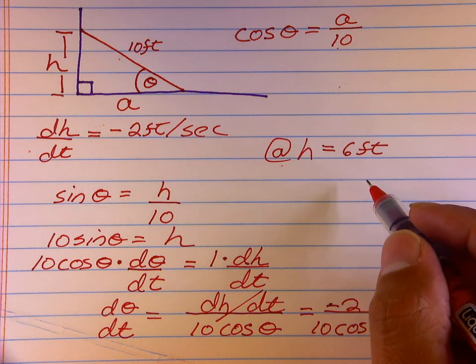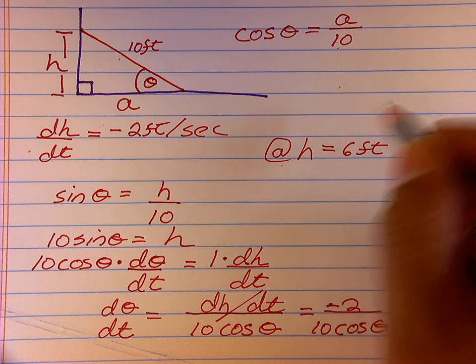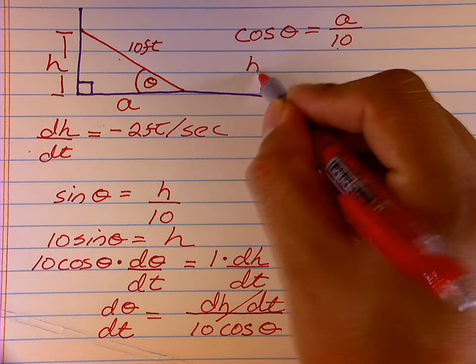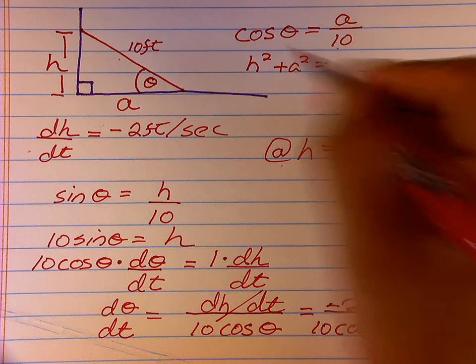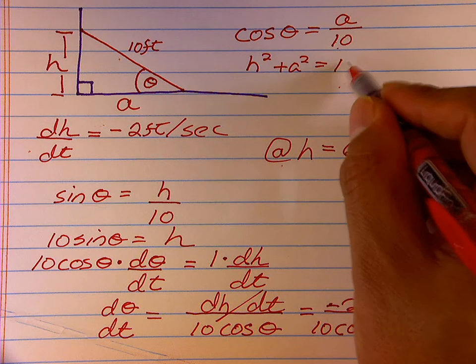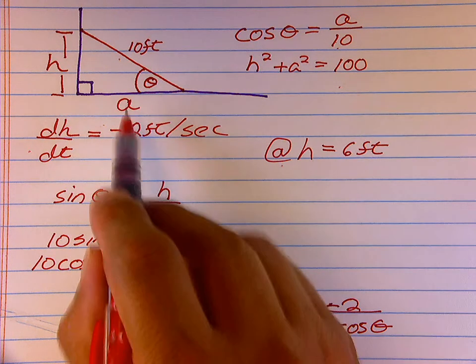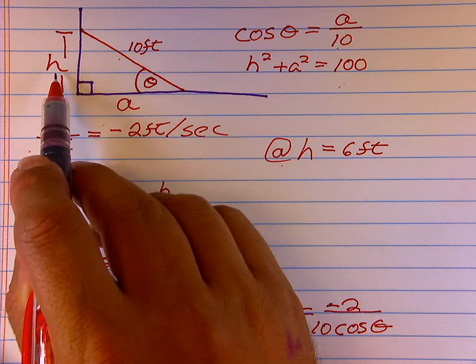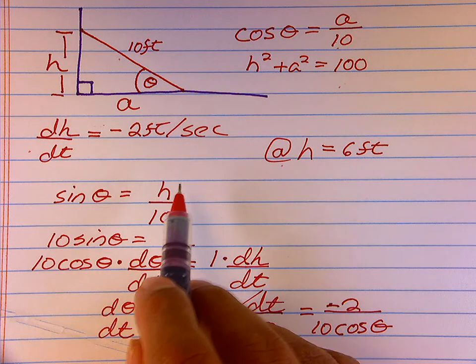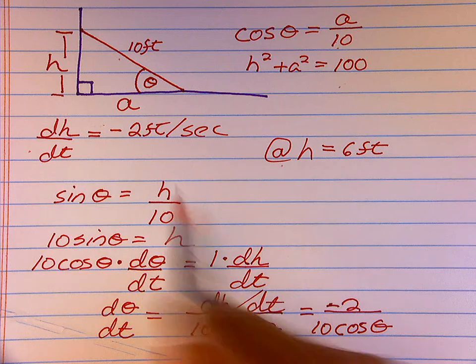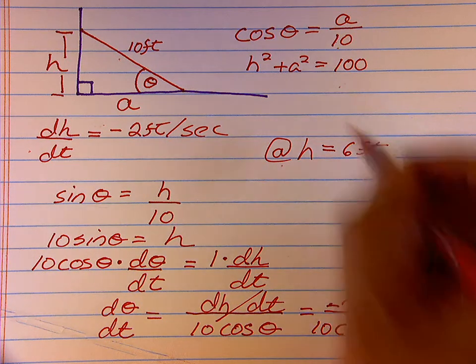So, I'm going to use the Pythagorean theorem, which gives me h squared plus a squared is 10 squared, or 100. The length of the legs of a right triangle squared, sum is the hypotenuse squared.